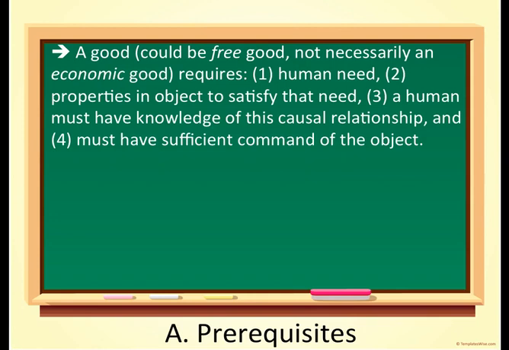So humans must be aware of the fact that this physical item has the ability, technologically or physically, of helping to satisfy or alleviate their need or their desire. And four, humans must be in a position to take advantage of this knowledge, right? So they have to actually have sufficient control or command over the object in order to be able to exploit the fact that it can help satisfy their need, and they know that it can. So all those four elements are required in order for a particular item to have goods character.